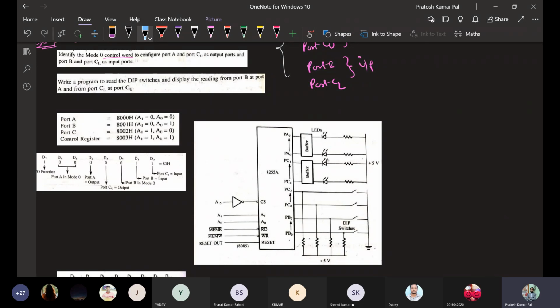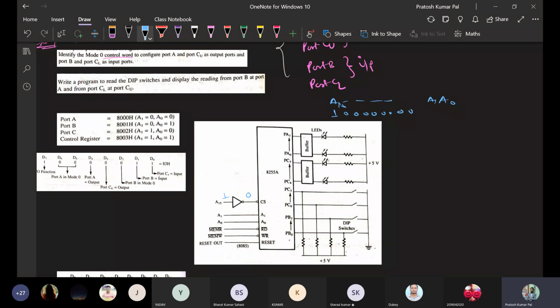If they are not being used, then their value can be 0 or 1. In case of 8085, we have A0, A1 up to A15. To select this chip, A15 should be 1, and all other bits can be either 0 or 1.